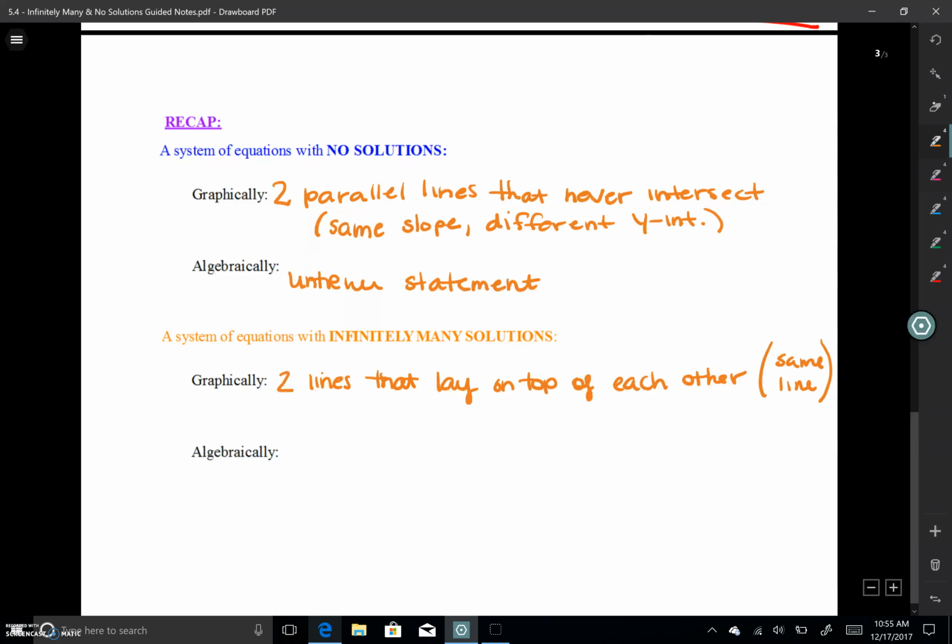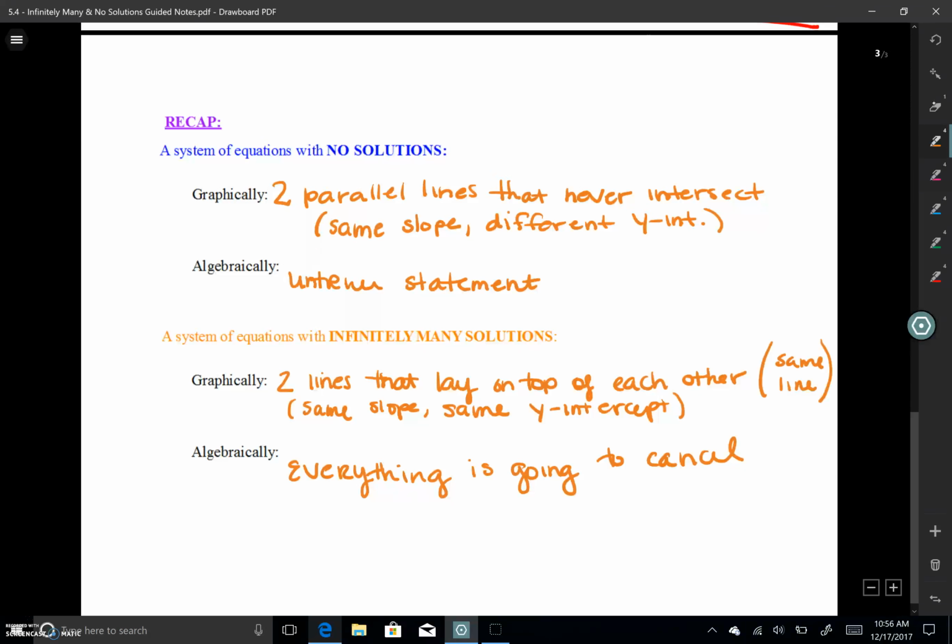And we can identify that by same slope and also same y-intercept. Okay, but algebraically, everything will cancel here. Unlike no solutions, where I get untrue statements, for infinitely many solutions, everything is going to cancel.